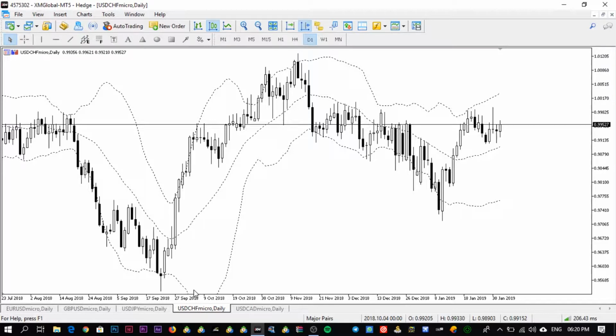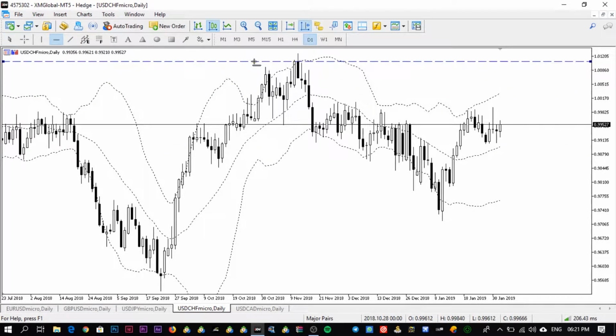Now, to further carry on with our episode, let us just look at the United States dollar against the Swiss franc, and what we see over here is that we're going to start out like we've been doing.